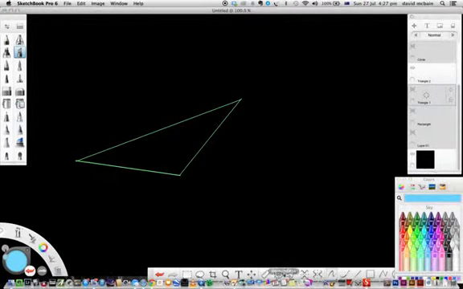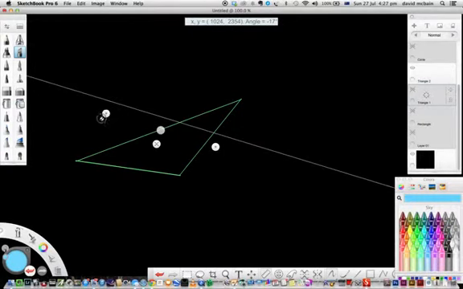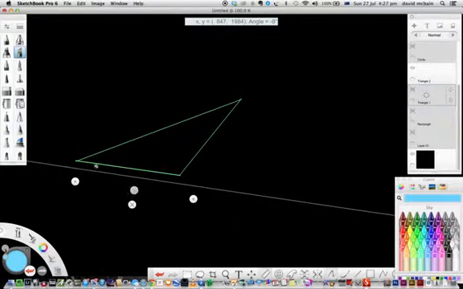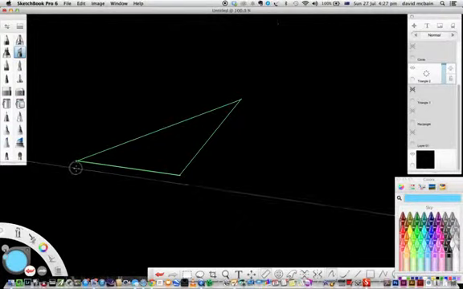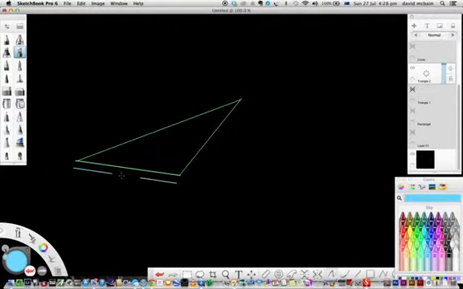So let's say that the distance from there to there is 30 centimetres.